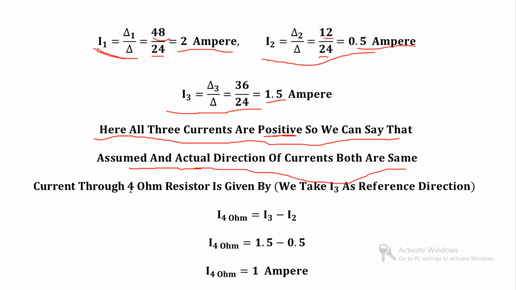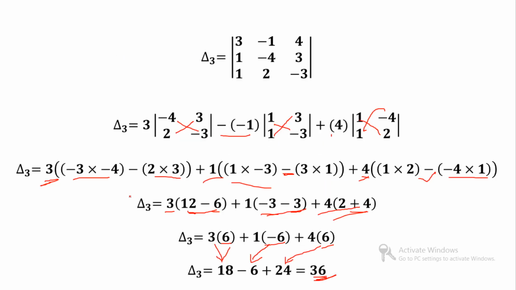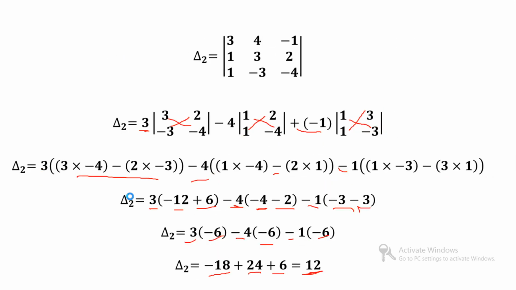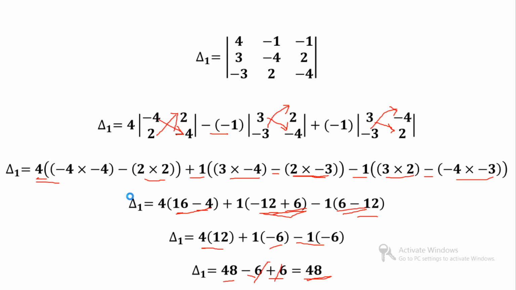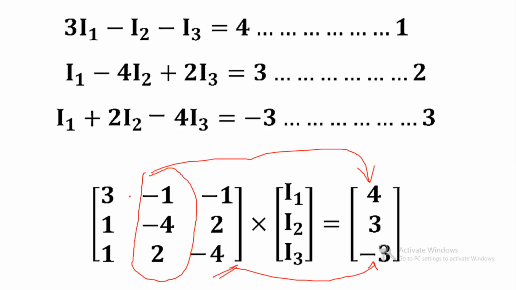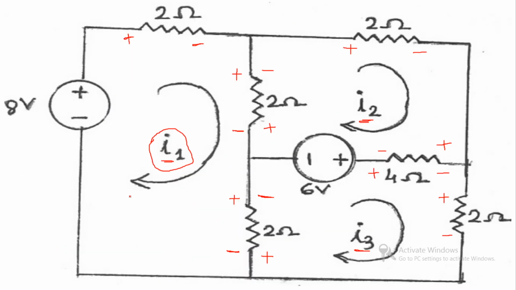Now our objective is to find out the current in the 4 ohm resistance. Again let me show you the circuit diagram. We have to find out the current in the 4 ohm resistance. Now from this diagram you can see that in the 4 ohm resistance, the resultant current is the algebraic summation of I2 and I3.